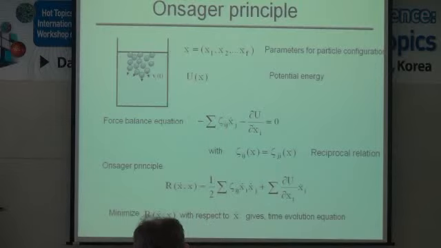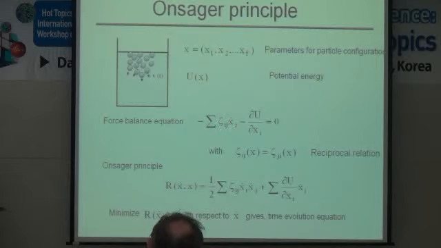And this frictional force is proportional to the velocity. So in the case of the spherical particles, this is simply the Stokes formula, 6 pi eta a times the velocity. And if there are many particles, in general this is written in this form.